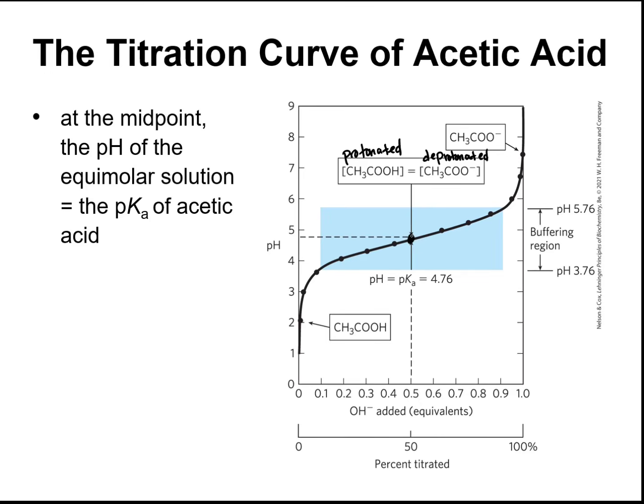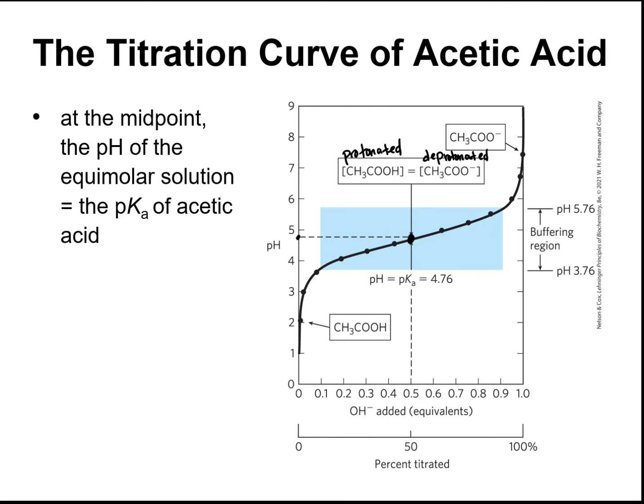So this midpoint here, you follow it up, okay, I've got 0.5, and then you take that over to look at the pH of your solution. The pH of the solution, when you have equal parts of protonated and deprotonated acid, that is the pKa.